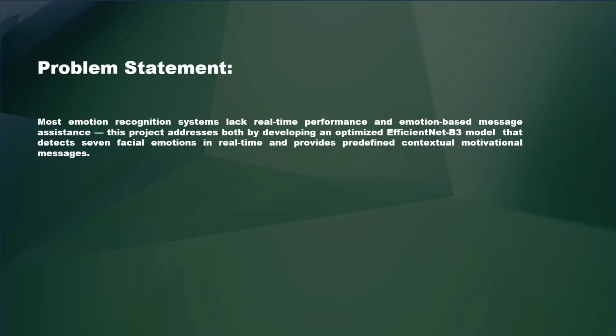This project addresses, you just elaborate this up to 1 or 2 lines, how it lacks. As a problem statement, it is okay, but you can add 1 or 2 sublines here. What does it mean by lack of real-time performance and emotion-based message assistance?